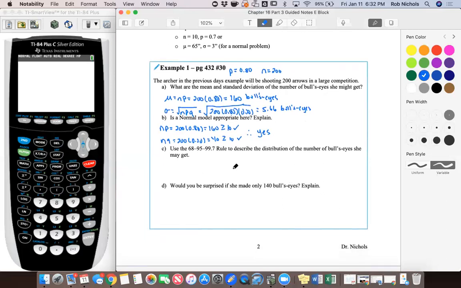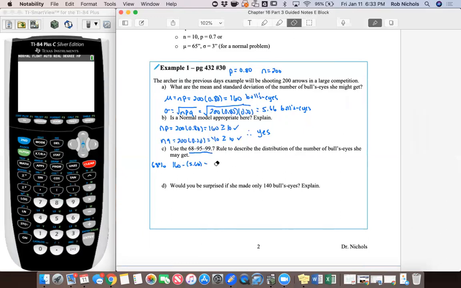All right, so as the normal model is appropriate, I can now use the 68, 95, 99.7 rule to describe the distribution. If you recall, for 68%, I'm going to add and subtract 1 unit of standard deviation. So I'm going to start off by taking my mean, 160, and subtract 5.66. That's going to give me my lower boundary.